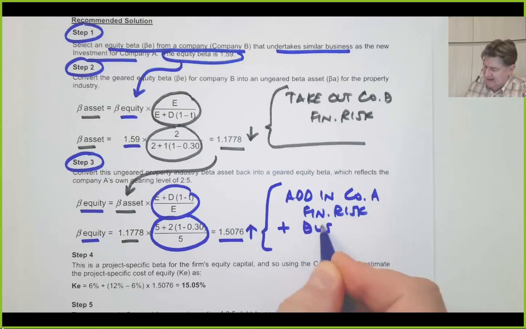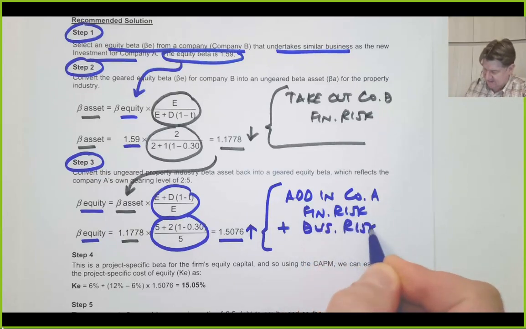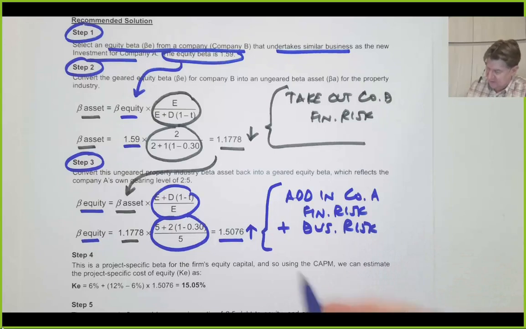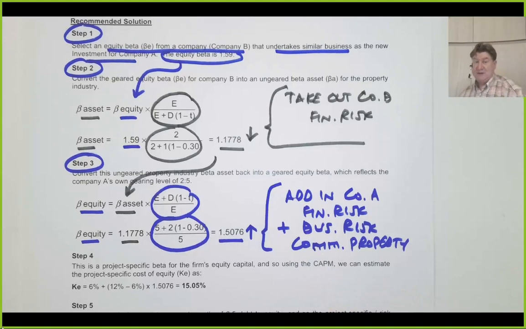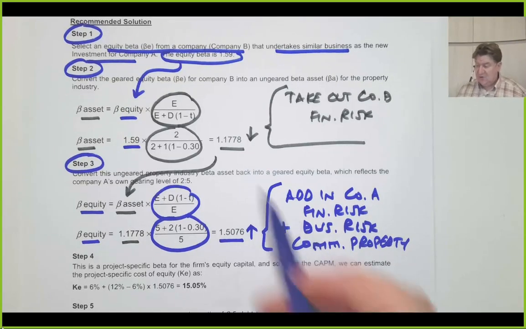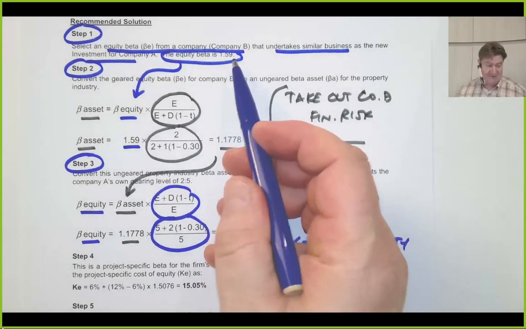Now, correctly, it represents the business risk of commercial property, because we took it from company B originally, remember.